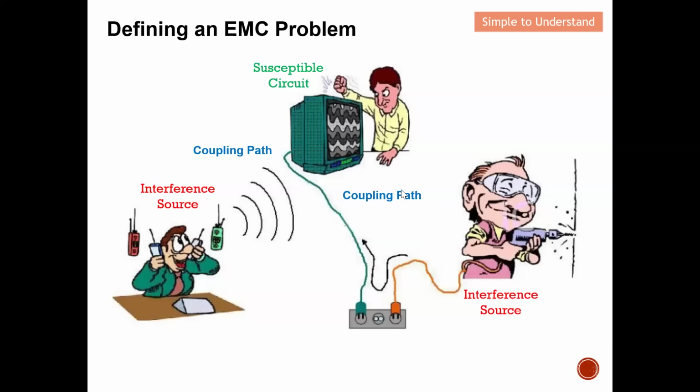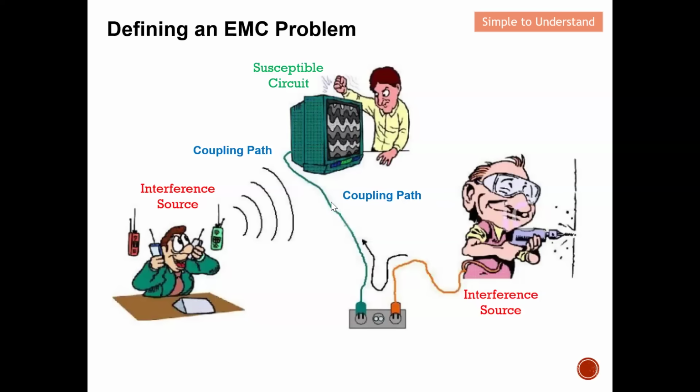Over here, this is what we call conducted, because the cable or the conductive material is the medium to carry the noise to the victim. In this case here, the noise propagates through the air and reaches the victim. So this form we call radiated, and this form here we call conducted.